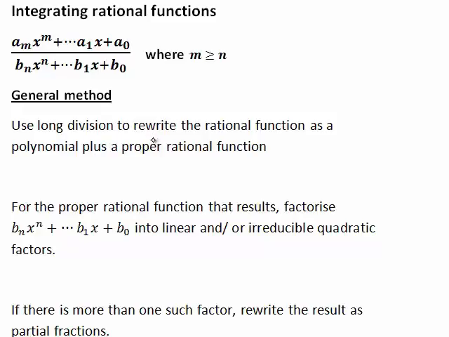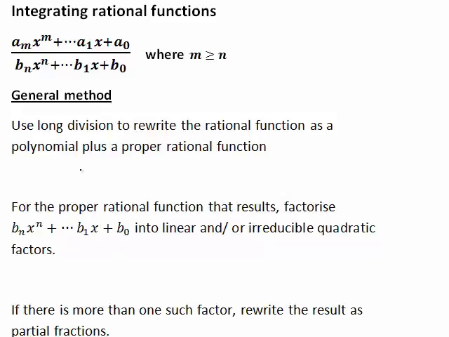First, we use long division to rewrite the rational function as a polynomial plus a proper rational function. That is a polynomial plus a rational function where the degree of the numerator is less than the degree of the denominator.